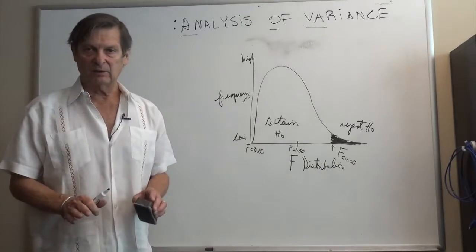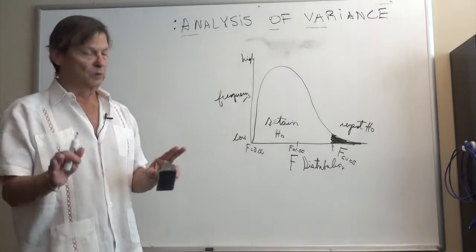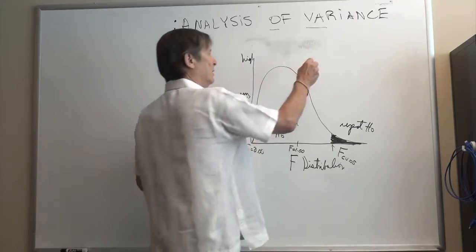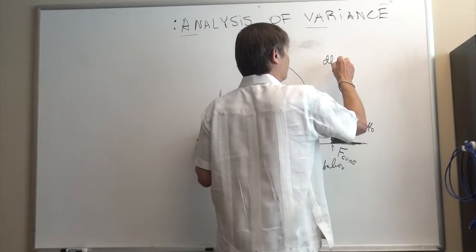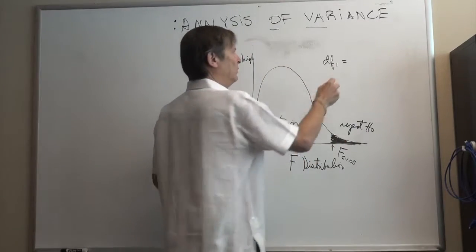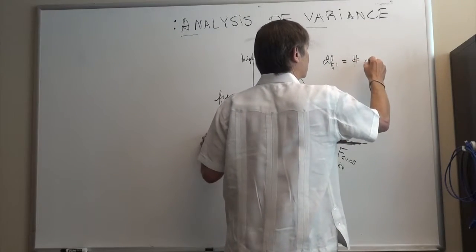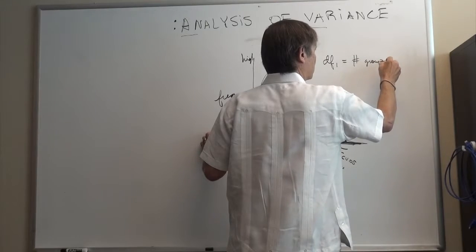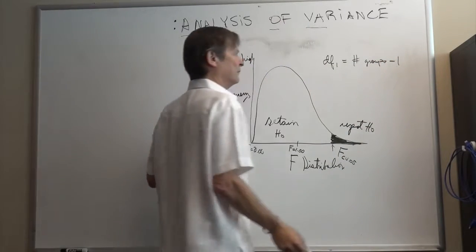Now, the F distribution changes shape for two reasons. One is what we call the degrees of freedom 1, which is the number of groups minus 1.